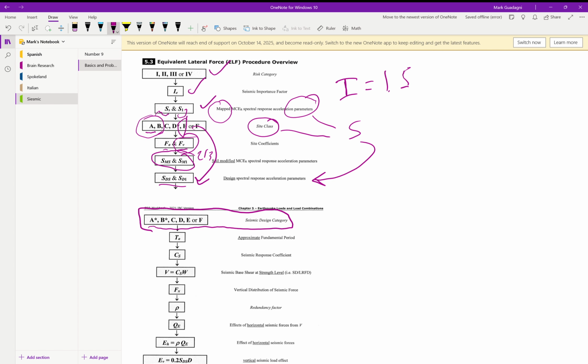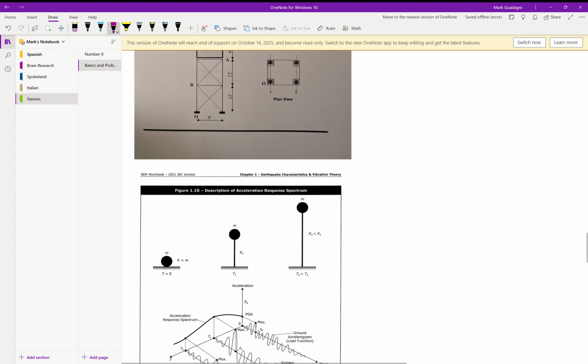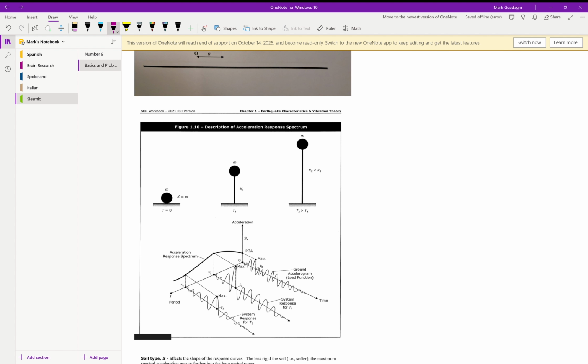So then you're probably wondering, when do I use S sub S or S sub 1? Whether you use either of those depends on the approximate fundamental period of your building. So it's very similar to a mass pendulum, which we have a photo of here.